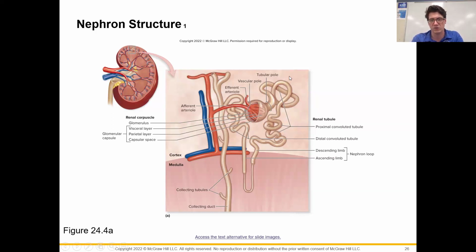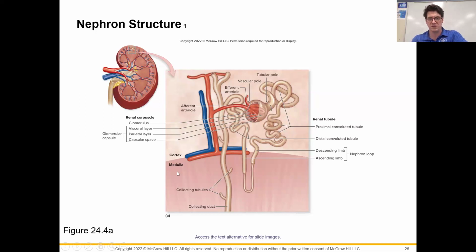Okay. So we're going to go through one big set of bends. Then we're going to go down this structure here where we're going to descend and then come back up this loop. Now, you'll sometimes see, or your book will refer to this as the nephron loop. You may see this in other books as the loop of Henle. Okay. So we have the descending nephron loop and we have the ascending nephron loop here.